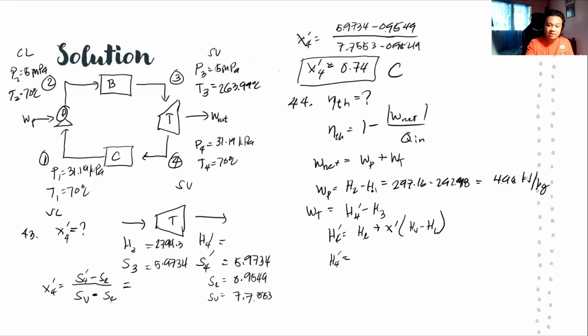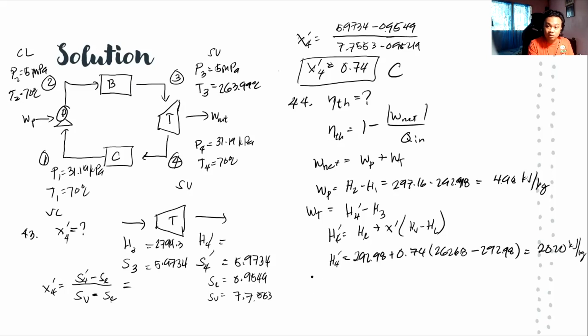Okay, so we have 292.98 plus we have our X here, 0.74, times HV, which is 2626.8, minus 292.98, and that's equal to 2020 kilojoules per kilogram.